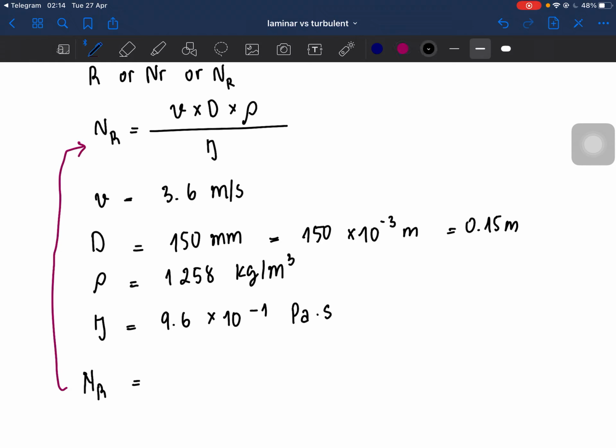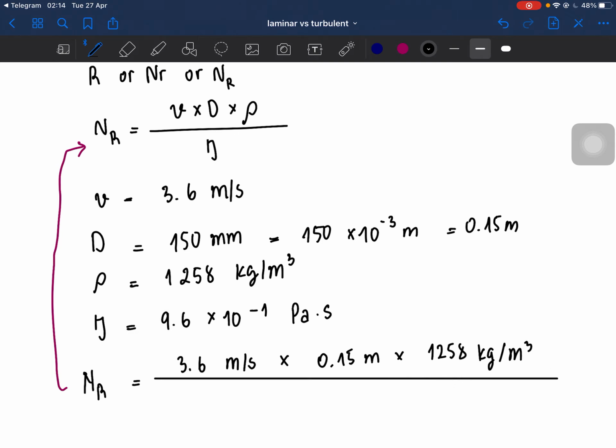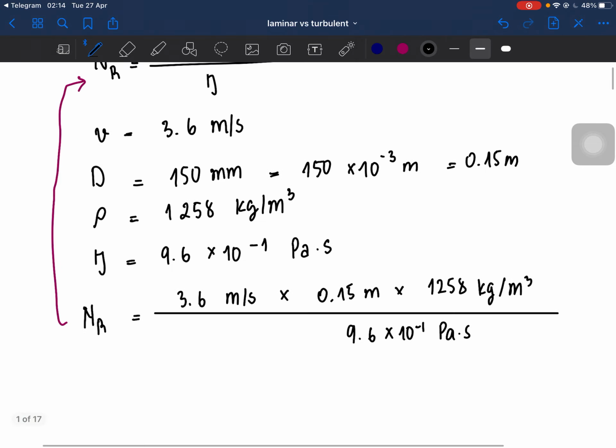Now we have NR equals velocity 3.6 meter per second multiplied by 0.15 meters multiplied by 1258 kilograms per meter cube, and overall this is over 9.6 times 10 to the minus 1 Pascal second.